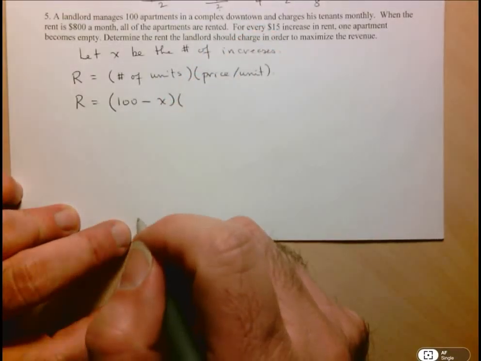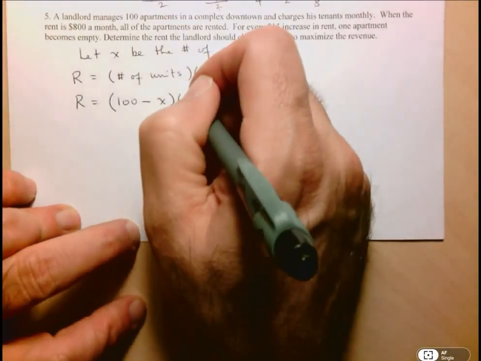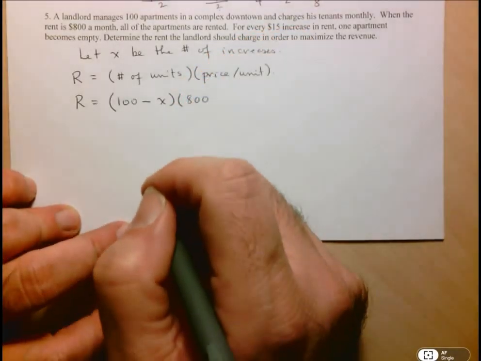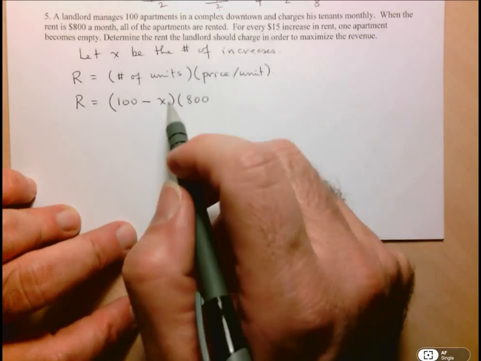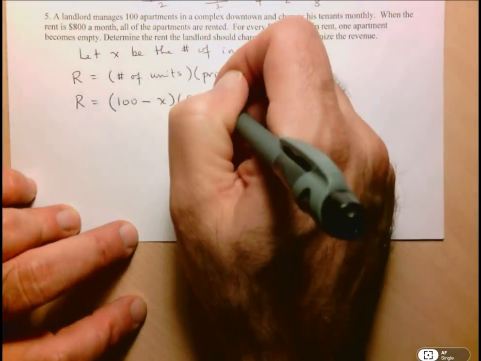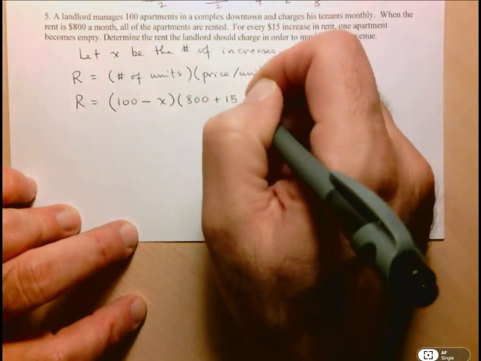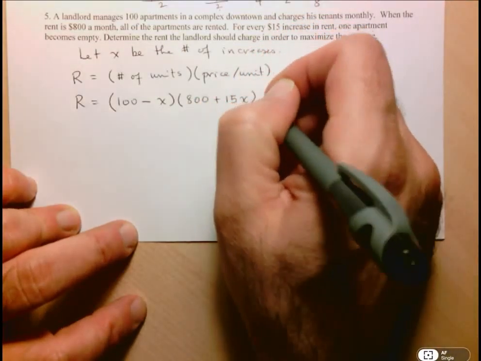Now let's look for the price per unit. Right now for the 100 units, we're charging $800 a month, and we're thinking of increasing by 15 every time. So the rate of change here is 15. So I'm adding $15 times the number of increases I choose to apply.